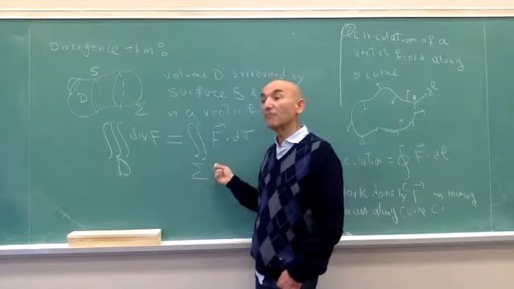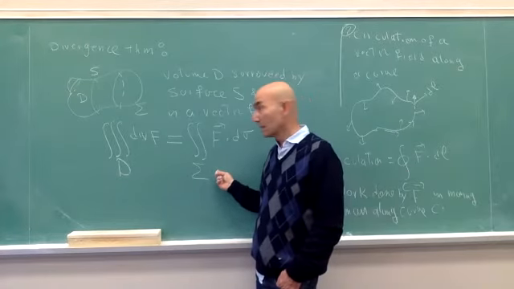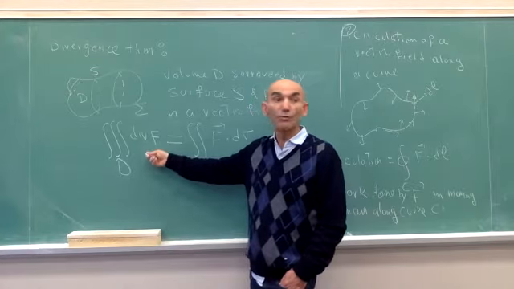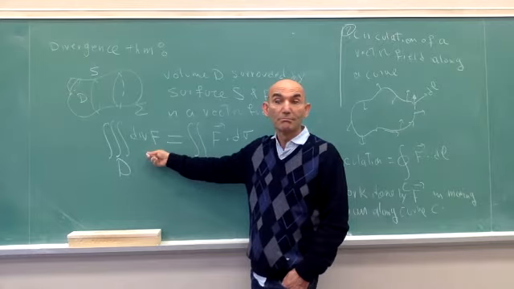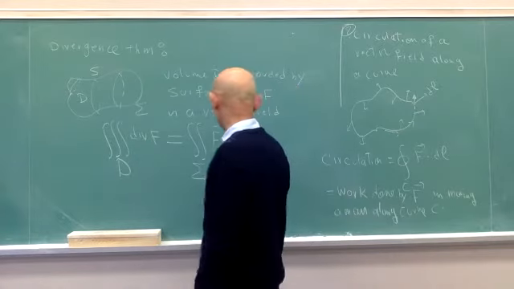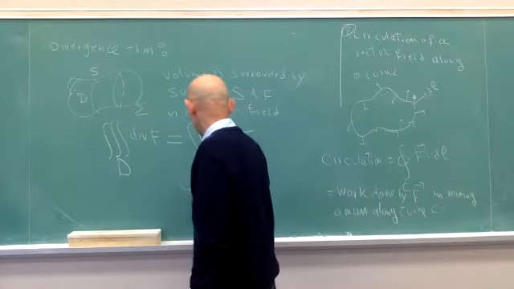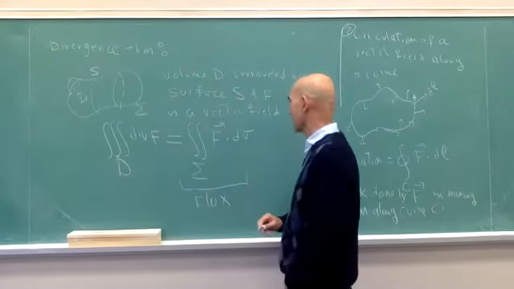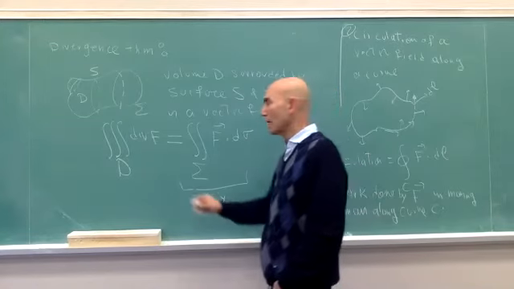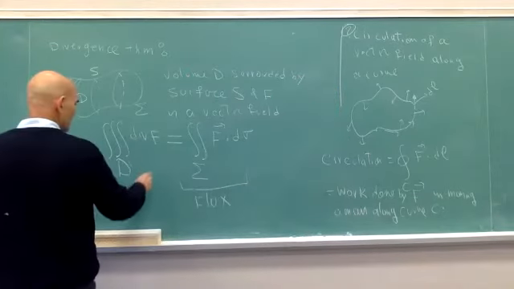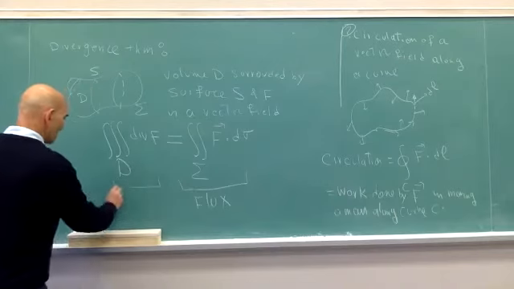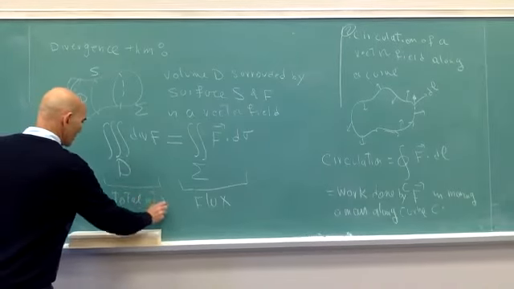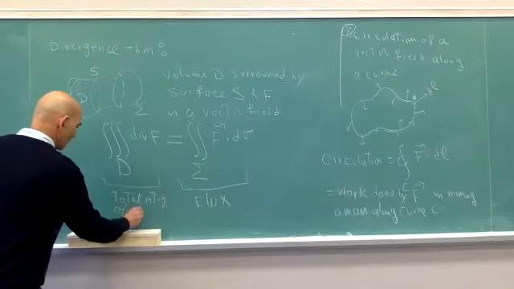So what does this result say? It says that the flux of your vector field is equal to the integral of the divergence over the whole volume. This is the flux, equal to the total integral of the divergence.